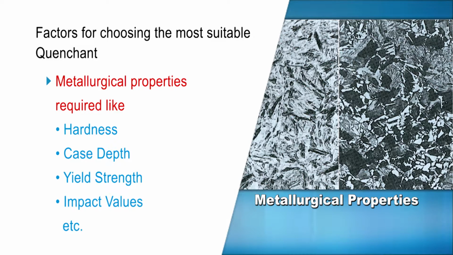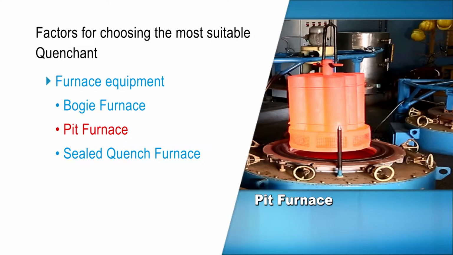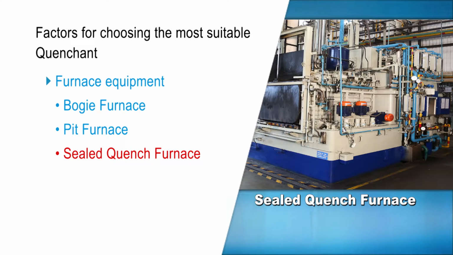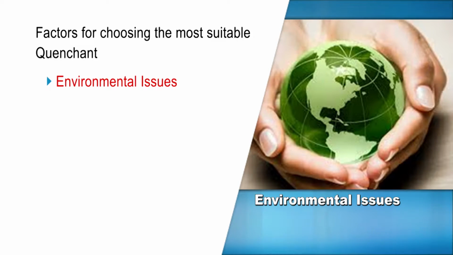Metallurgical properties required like hardness, case depth, yield strength, impact values, etc. Furnace equipment. Bogie furnace, pit furnace, and sealed quench furnace. Post-treatment. Washing machine. Environmental issues.